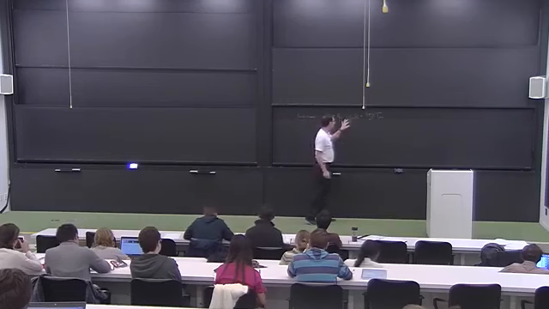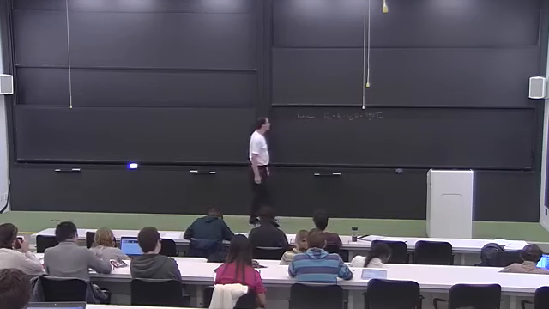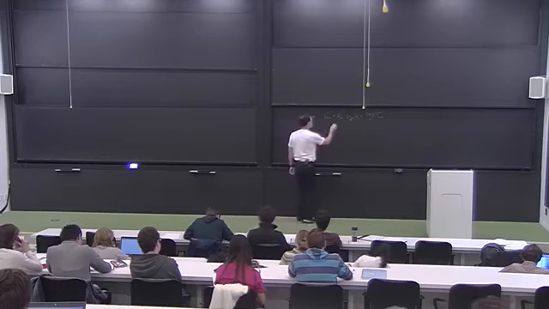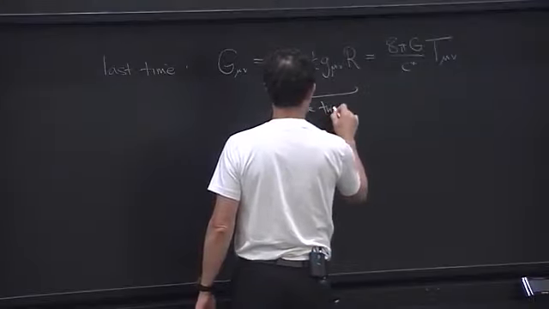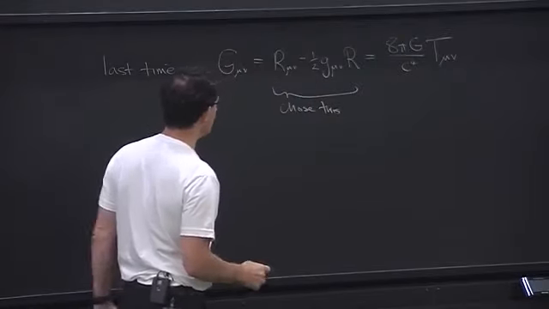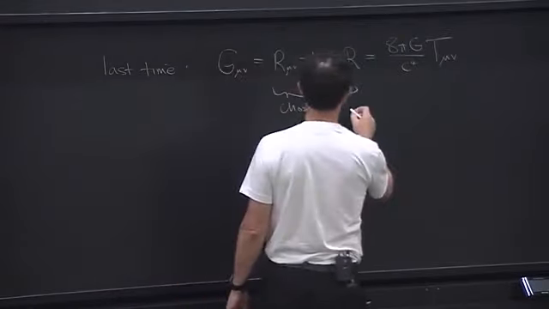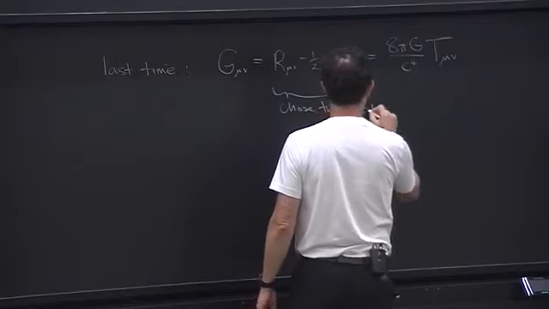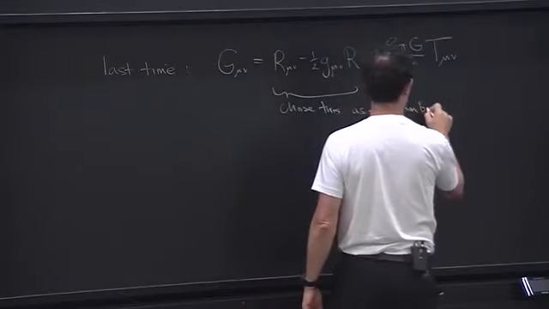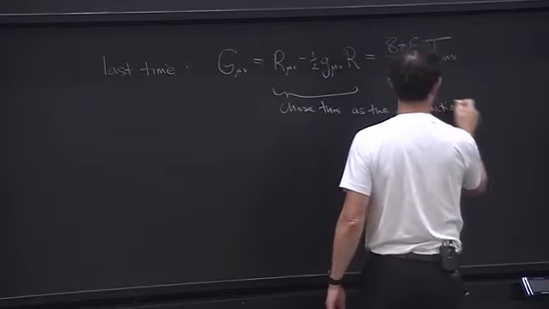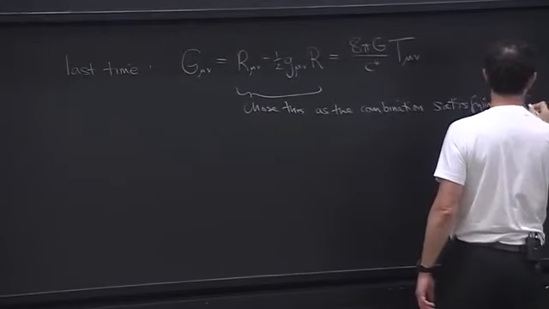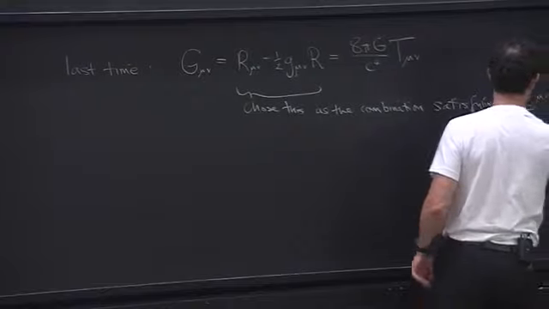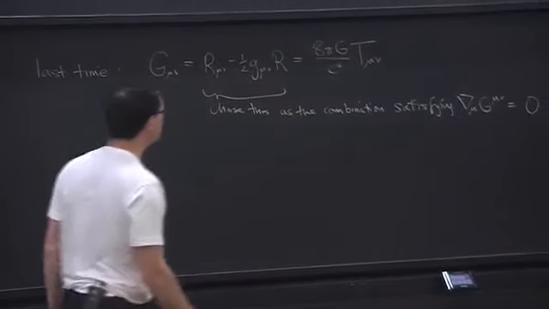But if that is true, then we must make sure that the left-hand side also satisfies stress tensor conservation, as the combination satisfying d mu G mu nu equals 0.